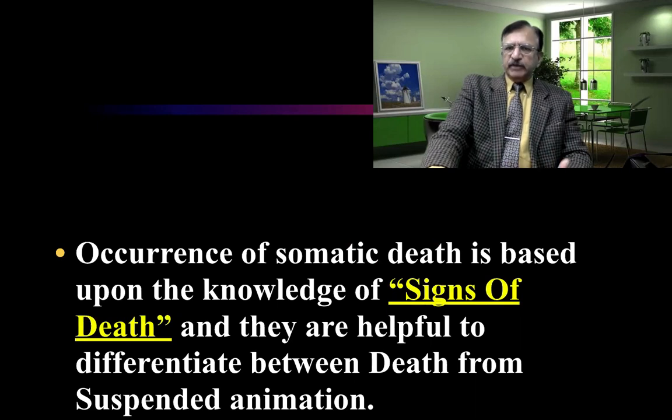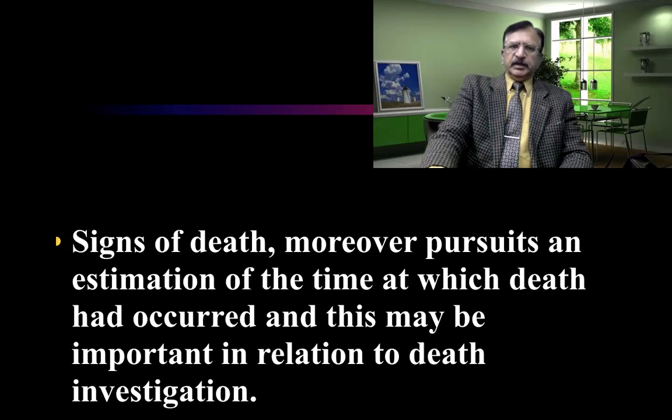The occurrence of somatic death is based upon the knowledge of the signs of death, and they are helpful in differentiating between death and suspended animation. The signs of death, moreover, help us in estimation of time since death, that is, how long this person is dead.